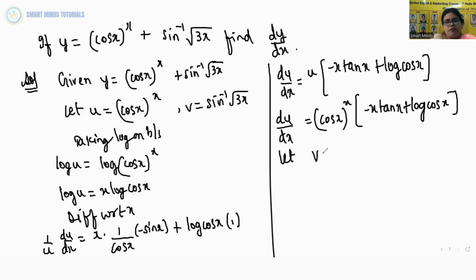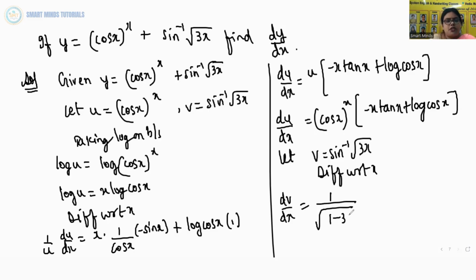Now let us take v equals sine inverse root 3x. So directly differentiating, we get dv by dx equals sine inverse x derivative is 1 by root 1 minus x square. But in the place of x, you have root 3x. So it will become 1 by root 1 minus 3x.